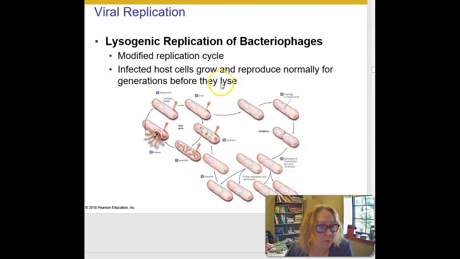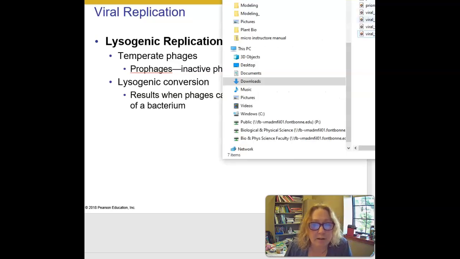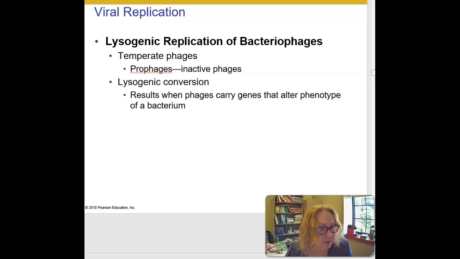So again, you have your attachment. The DNA is going in, the entry. It's going to integrate into the chromosome, and then it's going to release into the rest of the world. Very similar in each one of these. Okay. Lysogenic replication. We will actually do that one in a second.